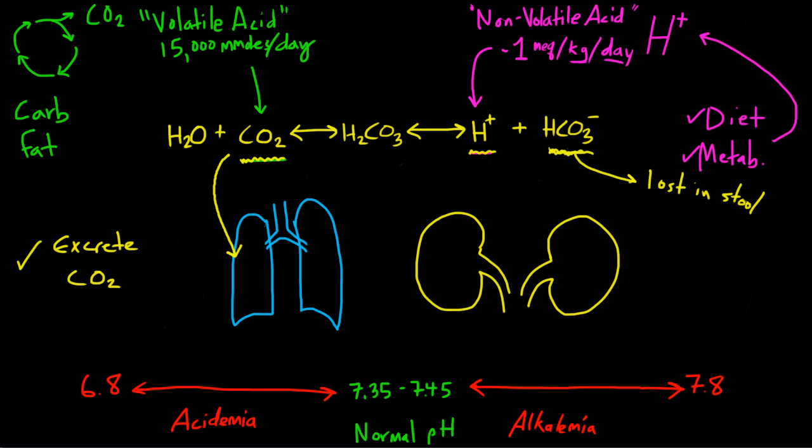On the other side, what about this non-volatile acid that we can't breathe off like we can CO2? For this, the kidneys play a critical role in excreting non-volatile acid. So the kidneys will do two things here. Another term for this is fixed acid, so I'll just call it fixed acid.